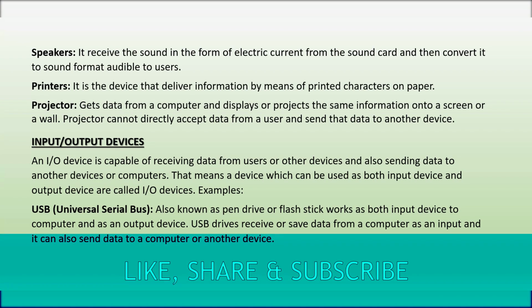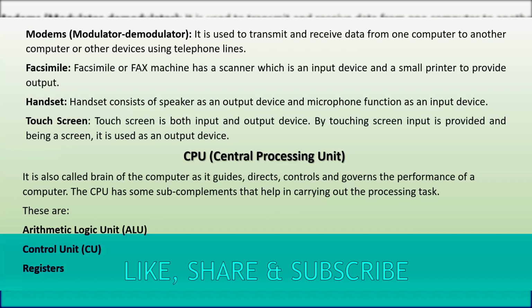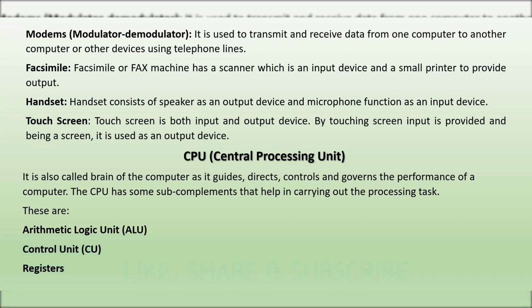Okay. Next, modem. You know very well what a modem is. The full form of modem is modulator demodulator. It is used to transmit and receive data from one computer to another computer or other devices using telephone lines.